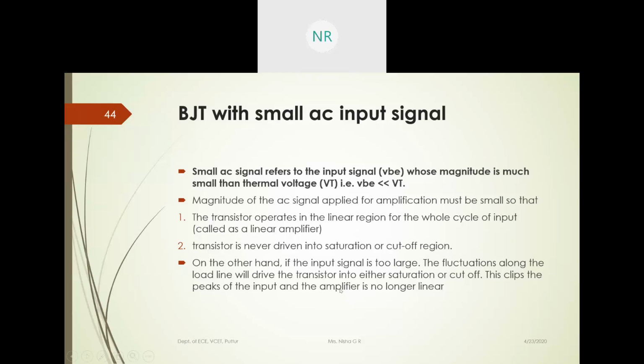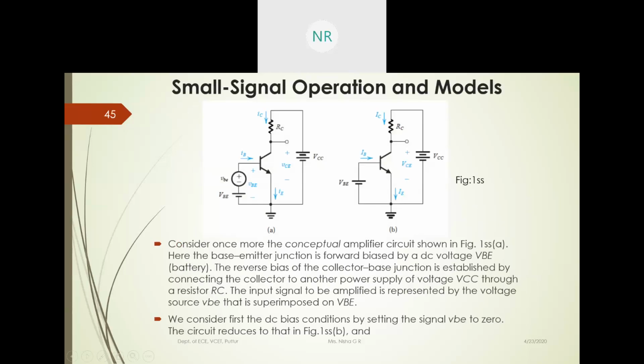Next comes your actual syllabus, which is included in module 1, that is small signal operation and models. Figures A and B are again a common emitter configuration. Here both AC and DC are shown, whereas in the second figure they have not considered the AC voltage because they are going to write some expressions for the DC biasing circuit.